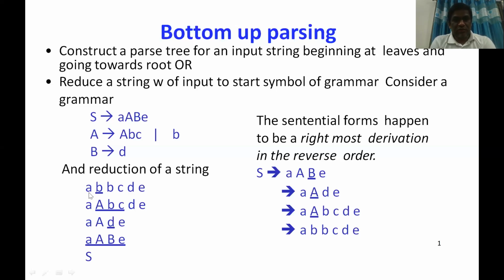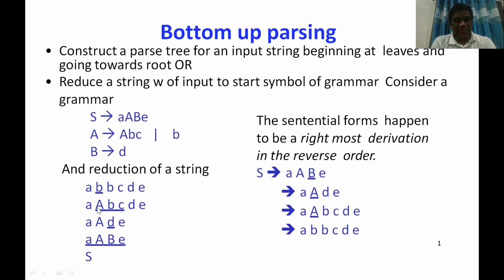For small a, it considers one symbol at a time. For the first symbol small a, there is nothing we can replace. And if you see this small b, we can replace this small b with an equivalent LHS variable.